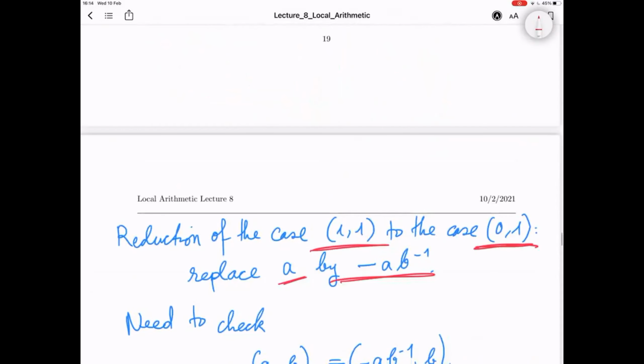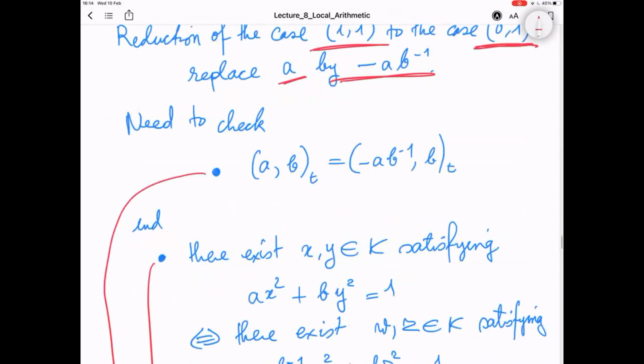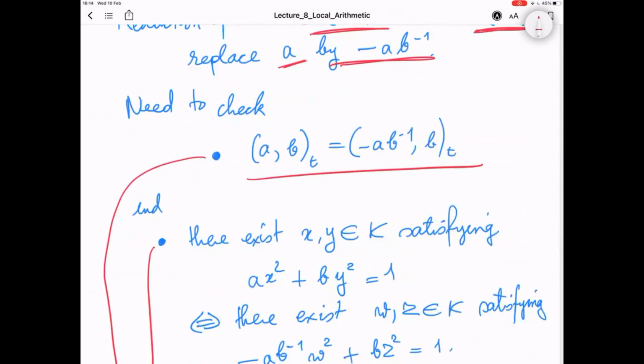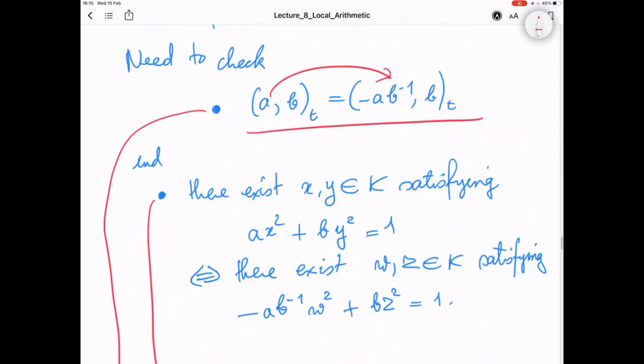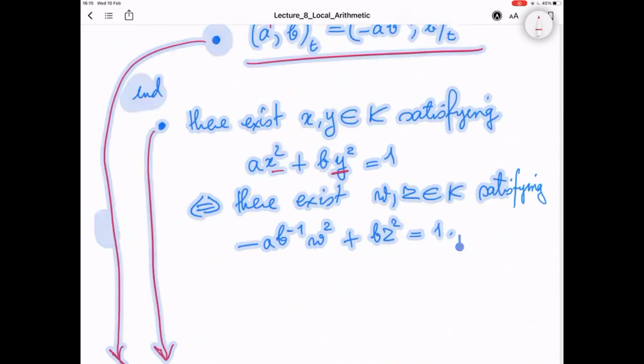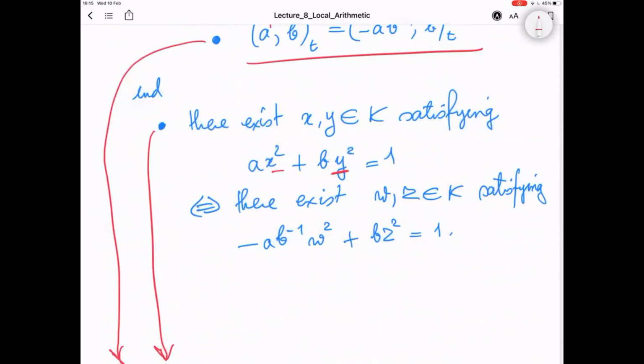Of course, you need to check something. You need to check that the Hilbert symbol doesn't change when I replace A by this, and the existence of x and y doesn't change. So there exist x and y satisfying this equation if and only if there exist w and z satisfying this equation.